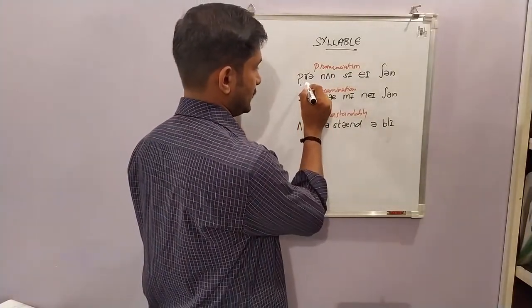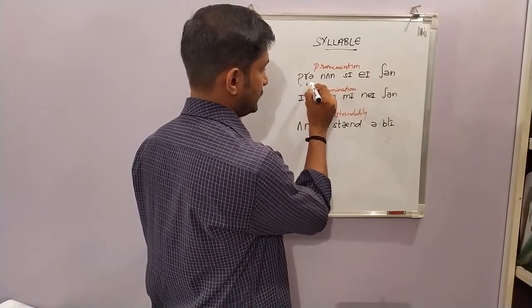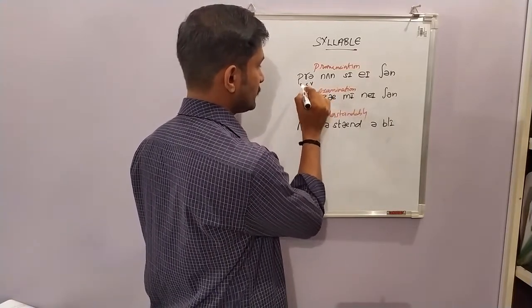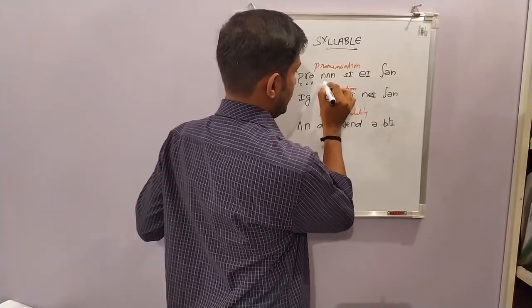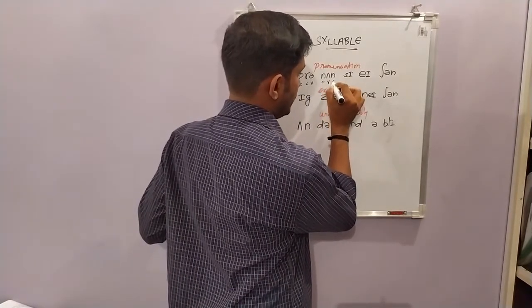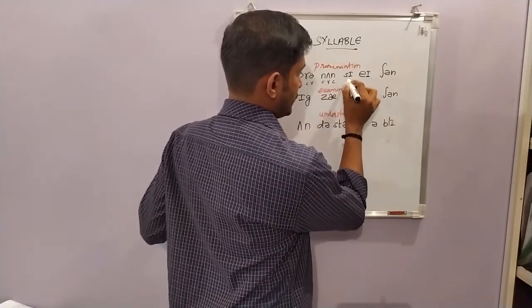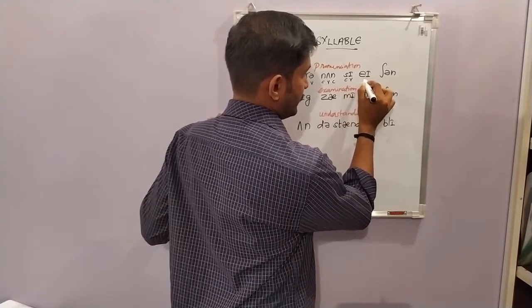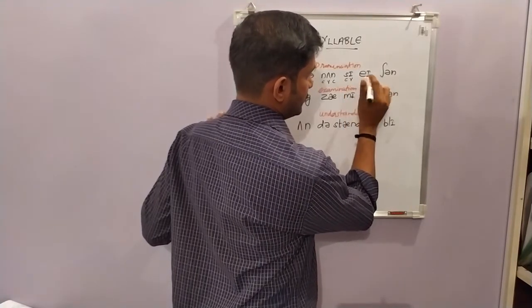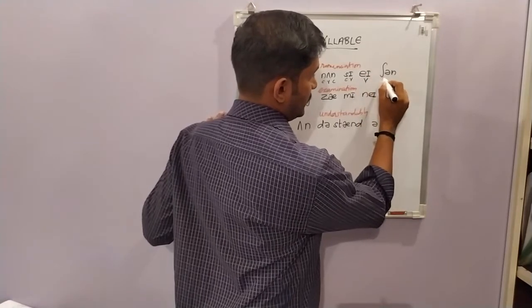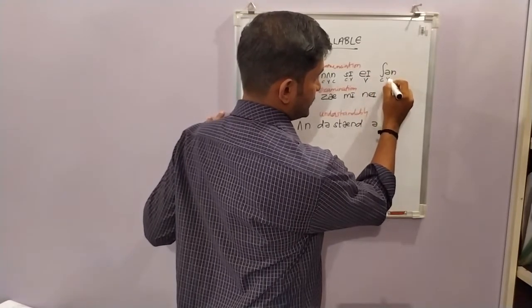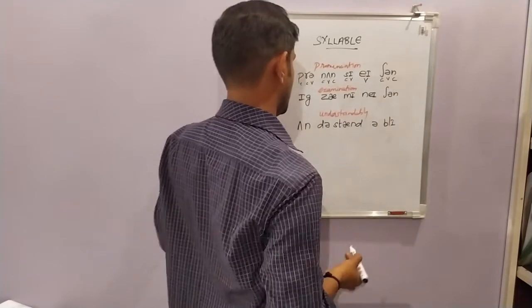This is a consonant sound, this is again a consonant sound, and this is a vowel sound. Coming to another syllable, a consonant sound, a vowel sound, and a consonant sound. Here a consonant and a vowel sound. This is a diphthong sound, a vowel sound. Here a consonant sound, a vowel sound, again a consonant sound.